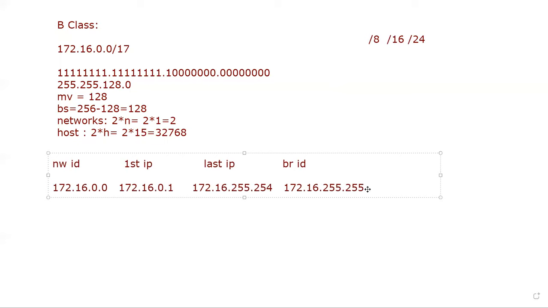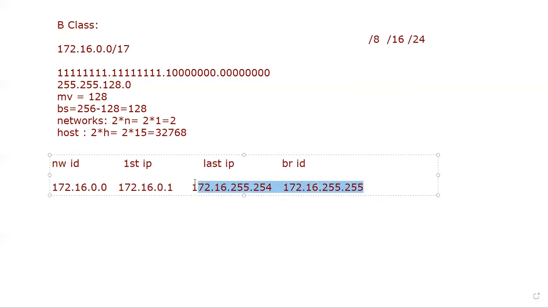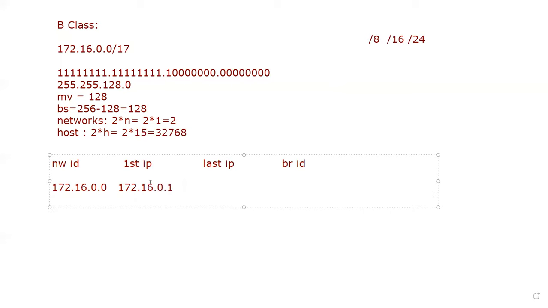Same as this, you can check. My first network ID is 172.16.0.0. Now my block size, only 1 bit is used, so my next network will be 172.16.128.0.